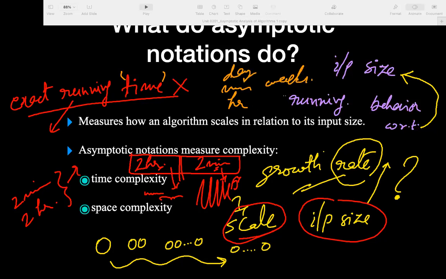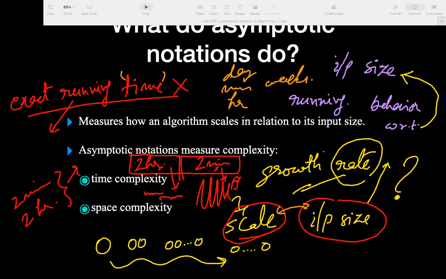We are interested in how our algorithm is going to scale in relation to its input size.